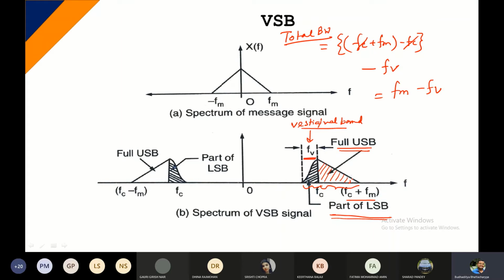Yeah, it should be plus, because FC plus FM, the last point over here will be FC. I'll do it once again. See, this point here is FC and this is FV. So the total bandwidth will be nothing but FM plus FV.